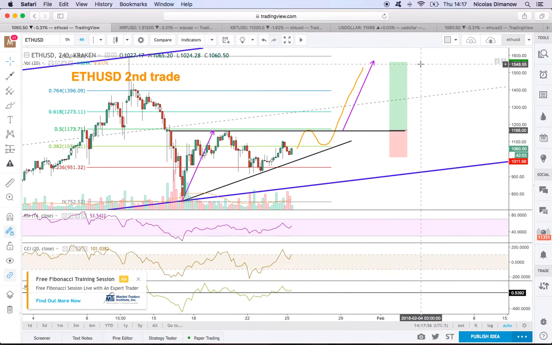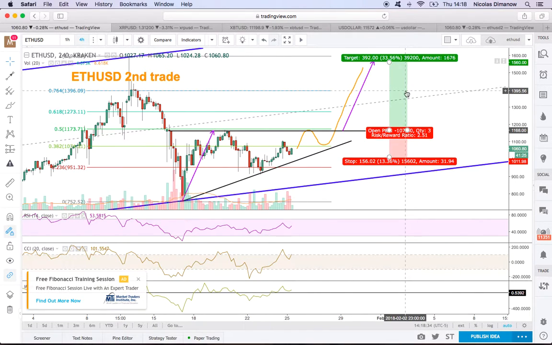and a take profit that we managed to place by going from the swing low here to the high of the pattern, which is the horizontal resistance, and you retranscribe this height here, and that gives us a pattern target of approximately 1560.